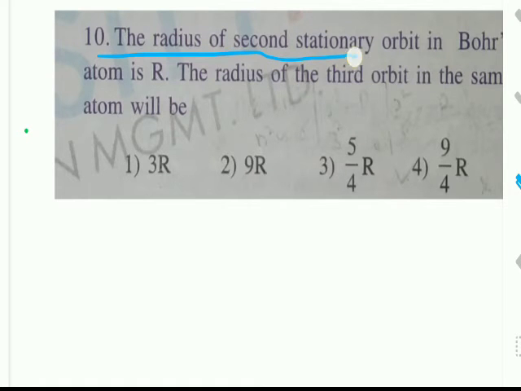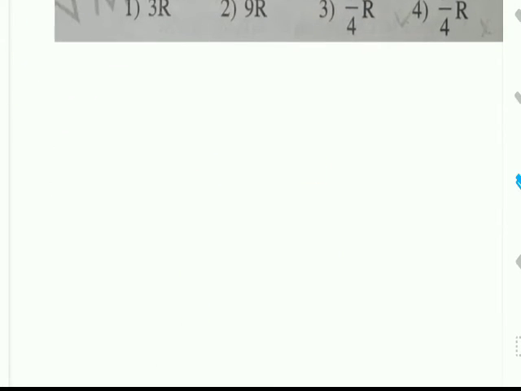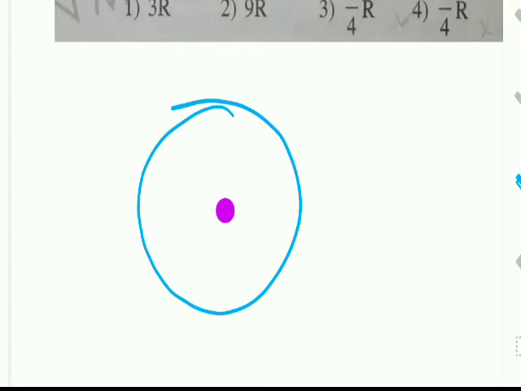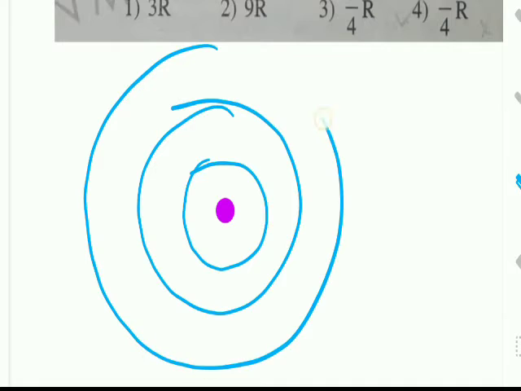The radius of the second stationary orbit in Bohr's atom is capital R. What will be the radius of the third orbit in the same atom? So in the atom, this is the first orbit, this is the second orbit, and this is the third orbit. The second orbit radius is capital R. What is the third orbit radius?